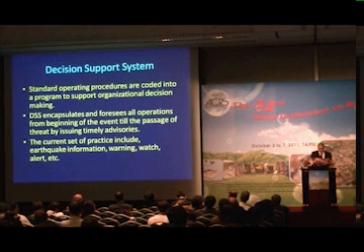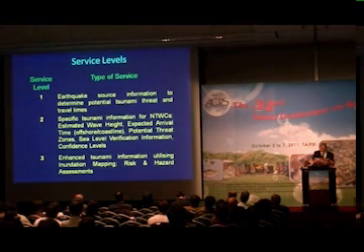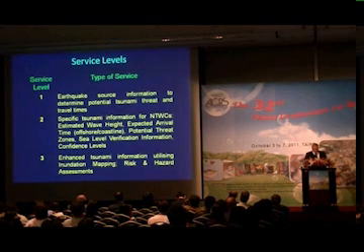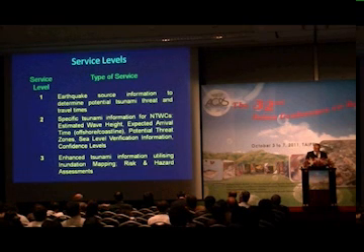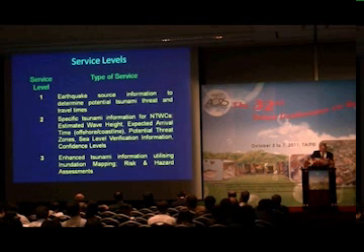So this is what has been created, a decision support system to provide essentially 3 types of services. One is the earthquake source information and whether there is a potential tsunami threat or not.